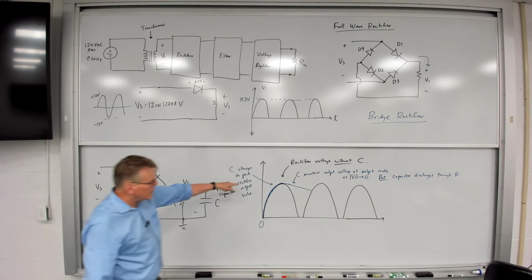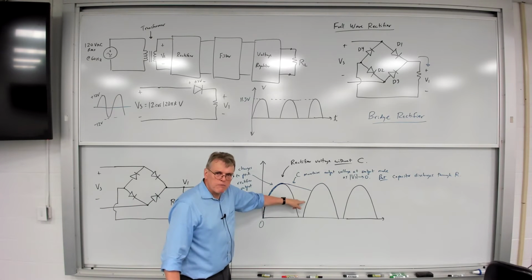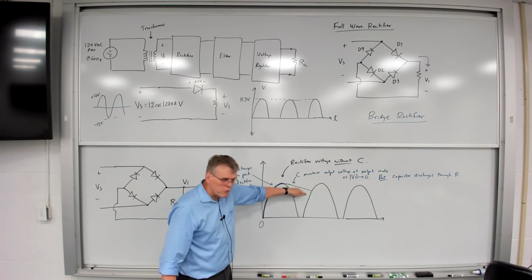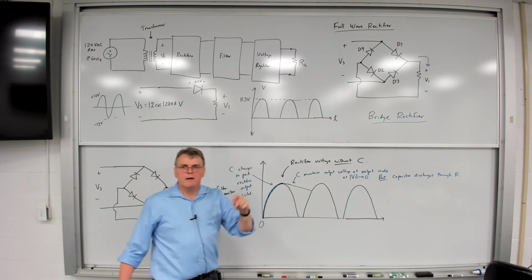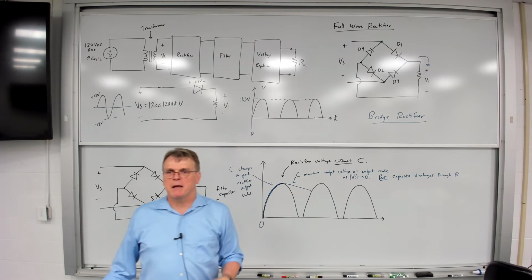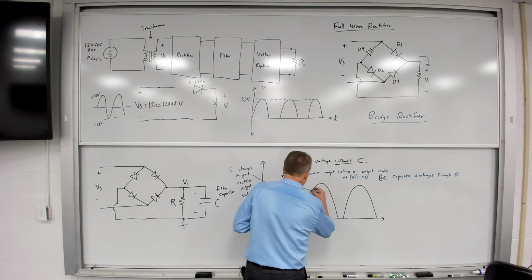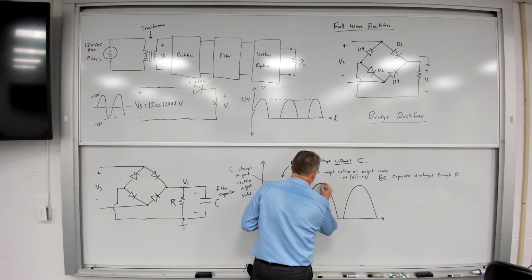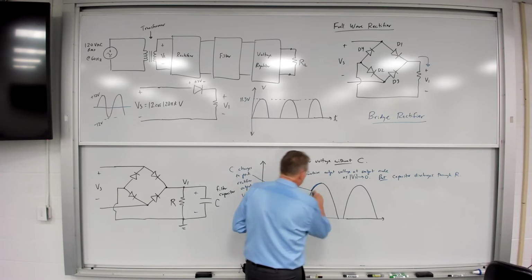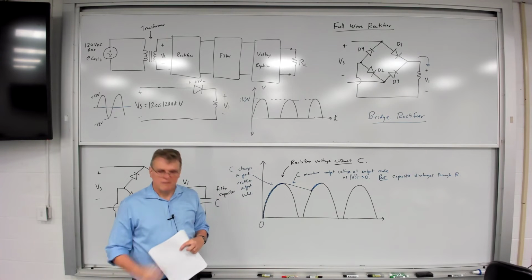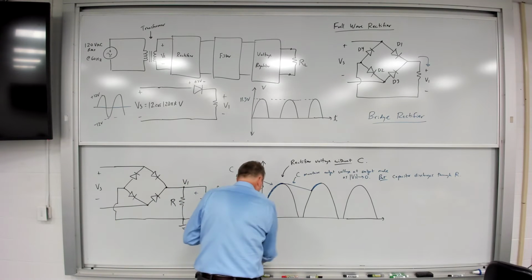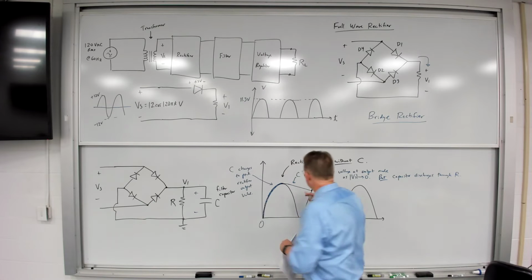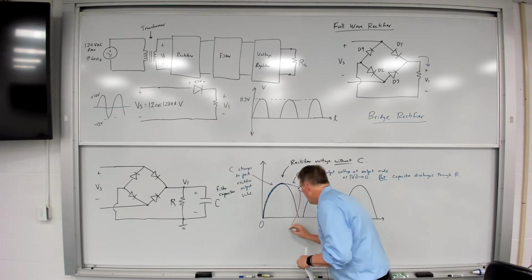So somewhere along the line, the input voltage Vs is going to intersect this drooping voltage to the point where it's going to once again turn the diodes back on. And then once again, the capacitor is going to charge. So in this region here, all diodes are off.